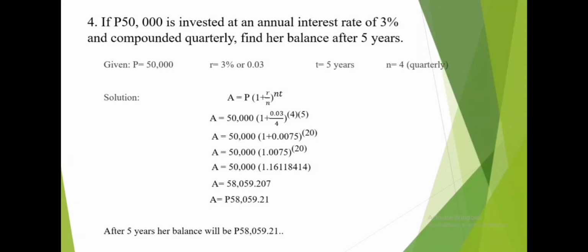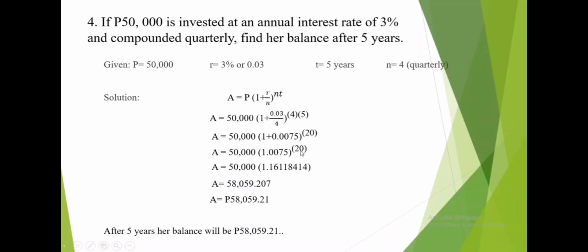Substitute all the givens to the formula. P, which is 50,000, R, which is 0.03, and N is 4. Same here, 4. Then our T is 5 years. Simplify. 0.03 divided by 4 is 0.0075. 4 times 5 is 20. 1 plus 0.0075 is 1.0075.